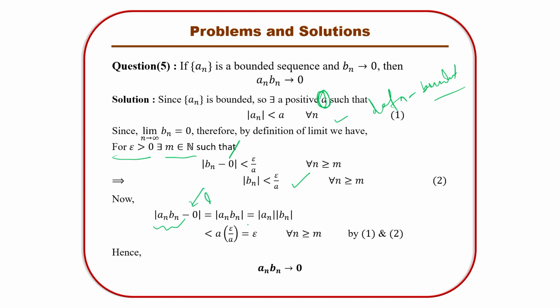So take the modulus of an bn, and the modulus of the product of the two numbers is the product of the moduli. Modulus of an is always less than a, from the first one, and modulus of bn is less than epsilon by a, from the second. So the a cancels out, and modulus of an bn minus 0 is less than epsilon, and that is the definition of convergence or the limit of a sequence. So an bn has the limit 0.